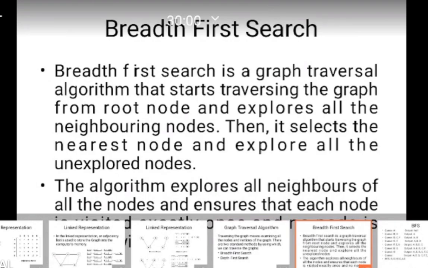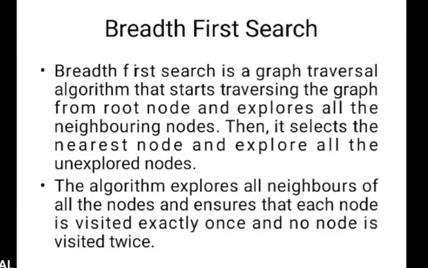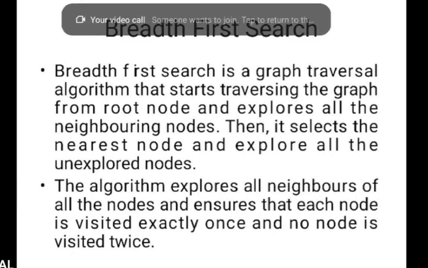So first we'll understand what is breadth first search, then we'll go to depth first search. Now, breadth first search is a graph traversal algorithm that starts traversing the graph from the root node and explores all the neighboring nodes. Then it selects the nearest node and explores all the unexplored nodes, the ones which are not explored as yet.